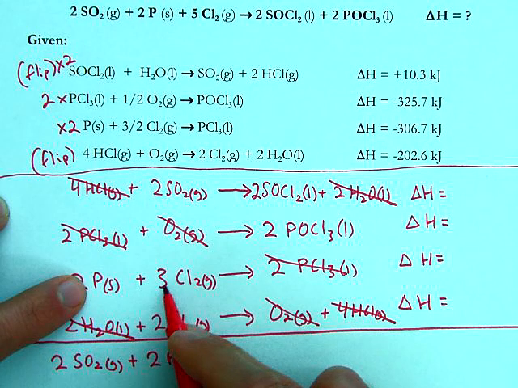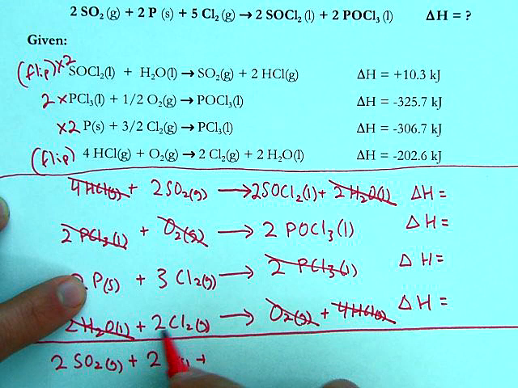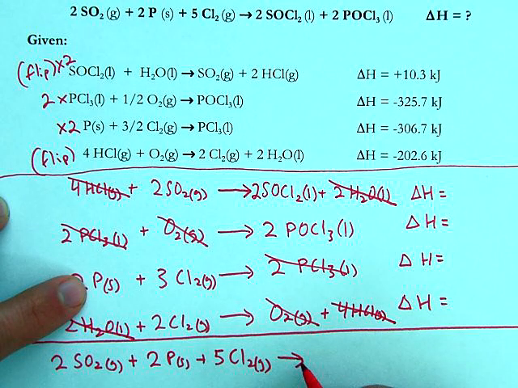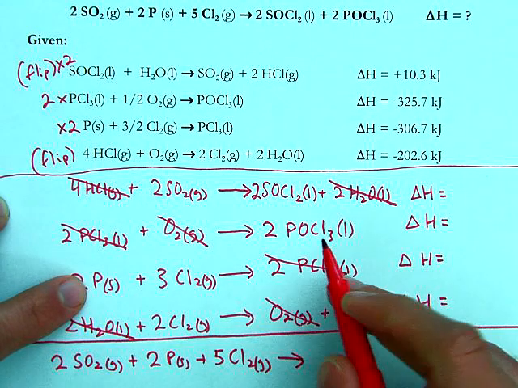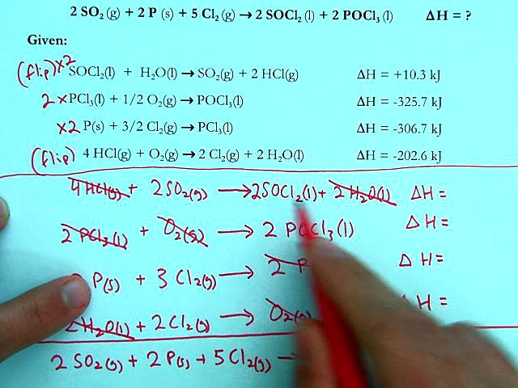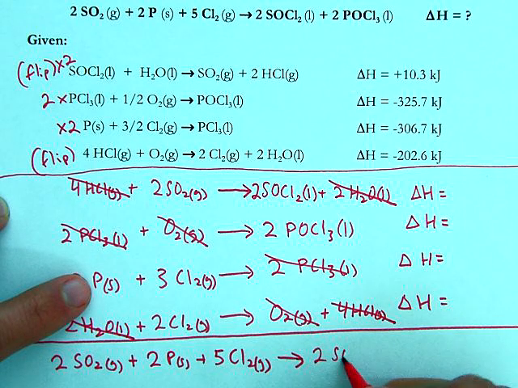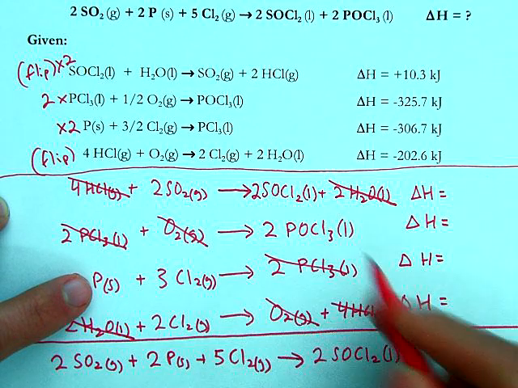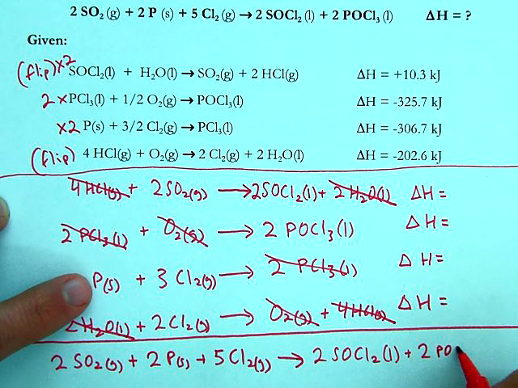And I have, here's 3 chlorines and here's 2 chlorines. So if I add those together, that gives me 5 chlorines. And on the right side of the arrow, I have 2 SOCl2s and 2 POCl3.